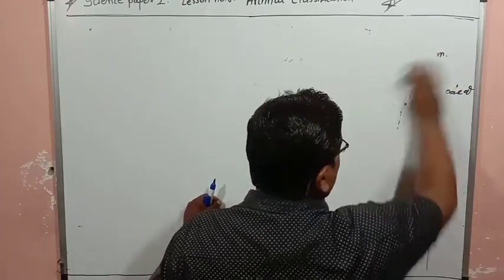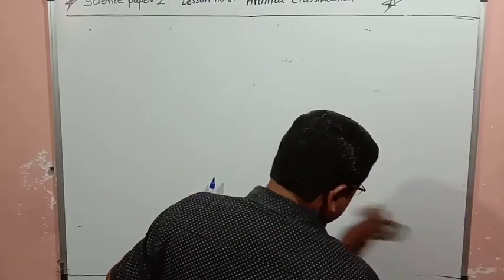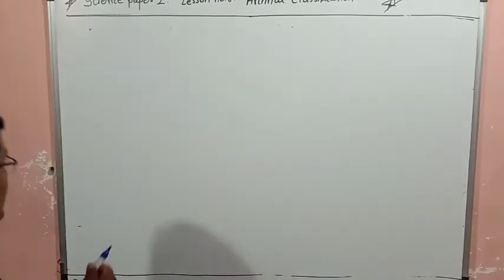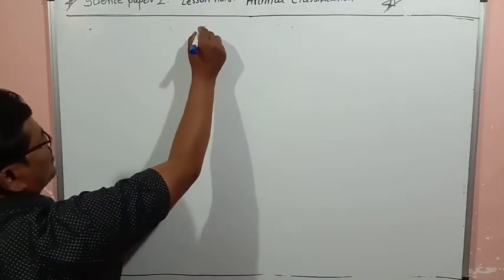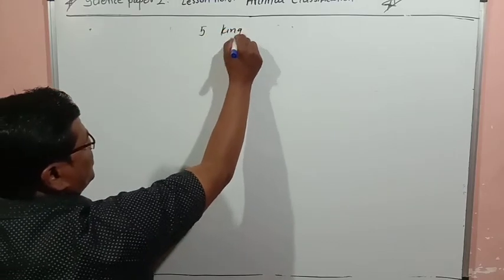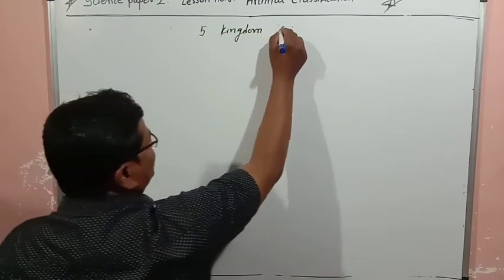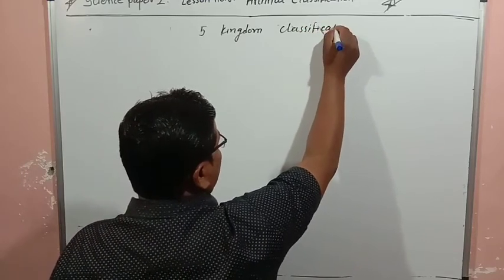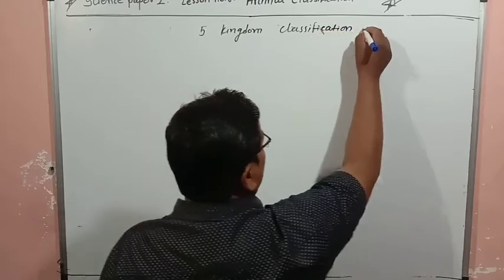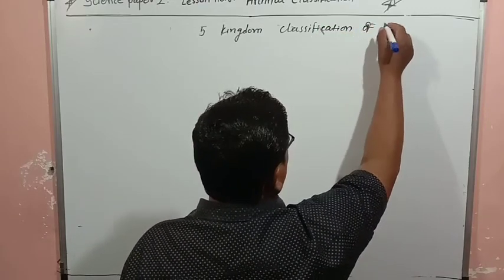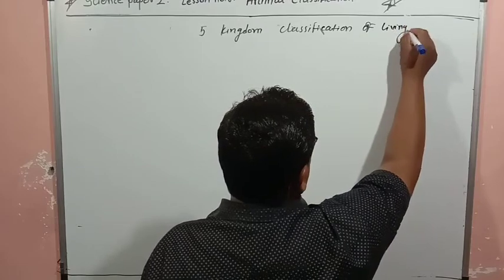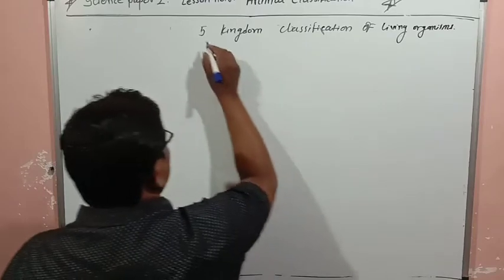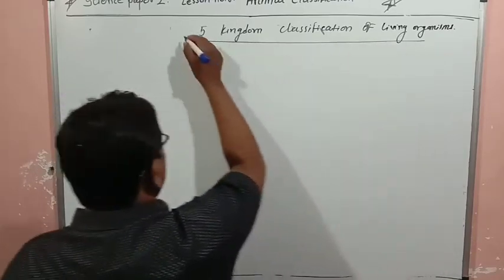Five kingdom classification of living organisms.